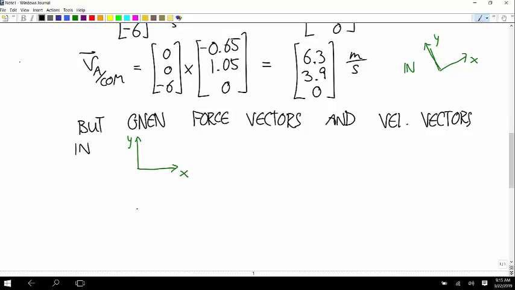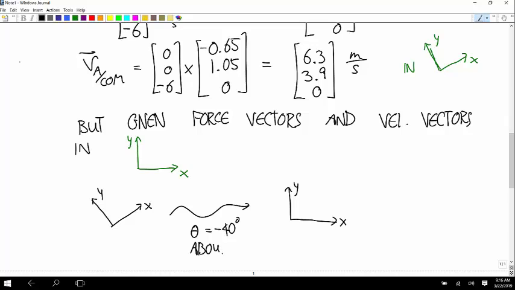So to go from this coordinate system to this one, what rotation do we need? Yeah, 40. It's -40 because it's a clockwise rotation. So this is -40 degrees about z.